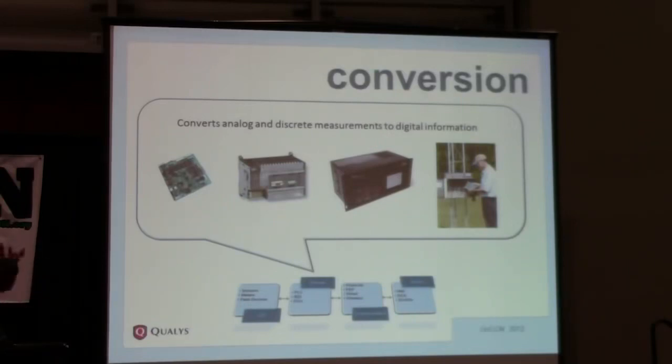To give you a sense of how big or small it is, on the right-hand side there is a man holding a PLC in his hand, which I guess he is about to mount on something, maybe a wind turbine pole. But all we want to know is that the leftmost component, data acquisition, has a two-way communication with the next component, data conversion, which converts these analog and discrete measurements to digital information.